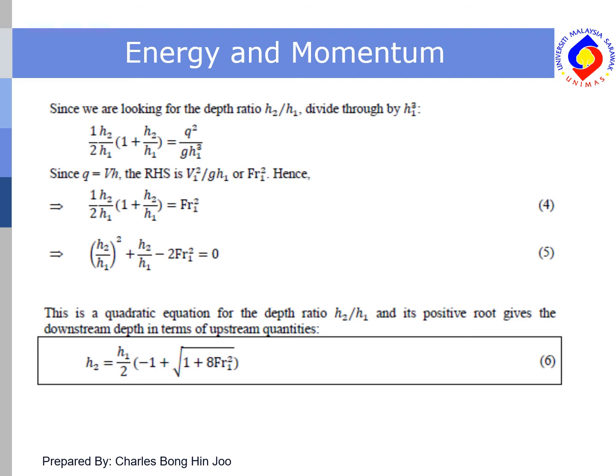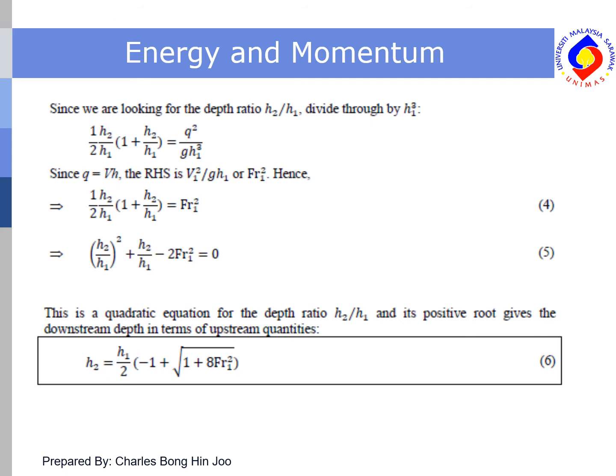If we take the depth ratio h2 divided by h1, then divide through by h1 square, we can simplify it further. Since q equal to vh and the right hand side is v1 square over g h1, or the Froude number at section 1 squared, we get the form in equation 4.